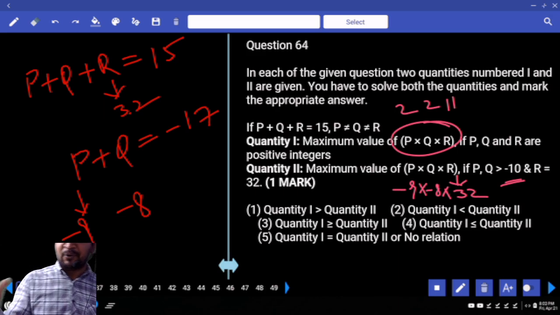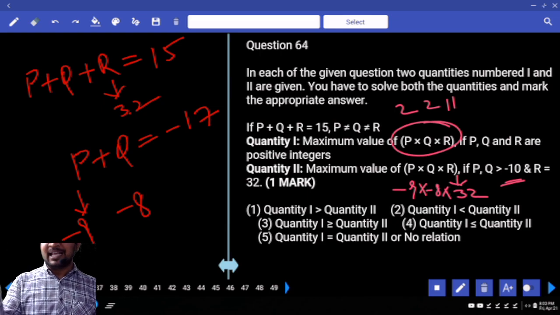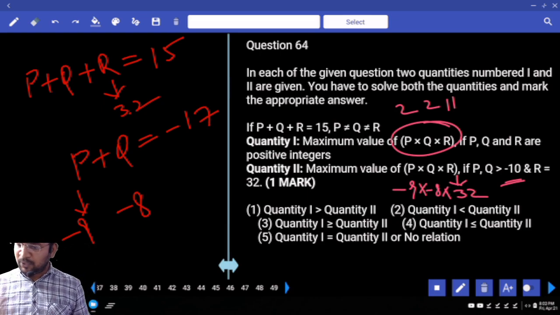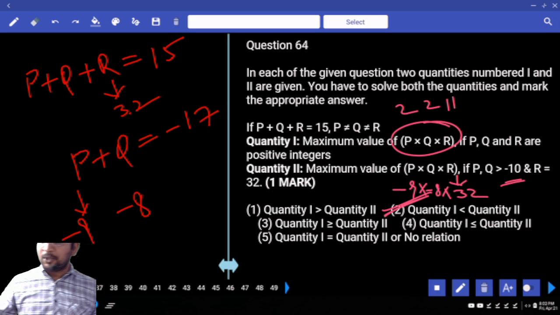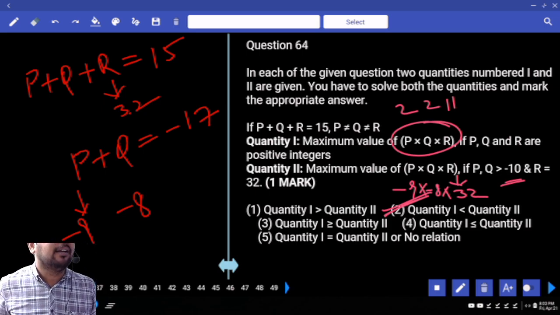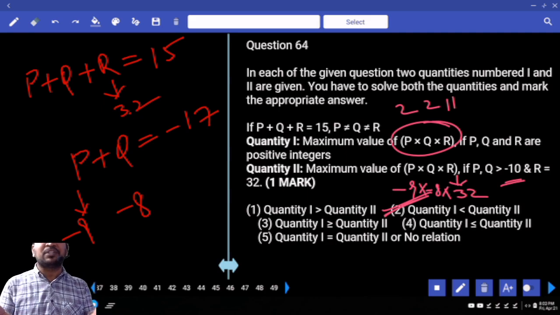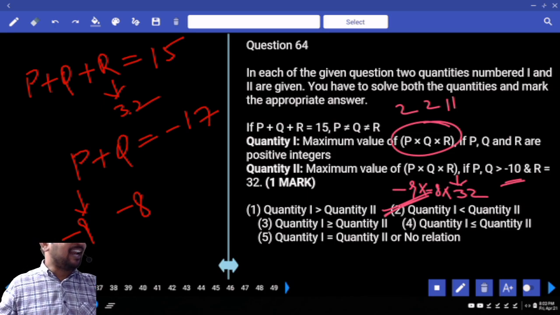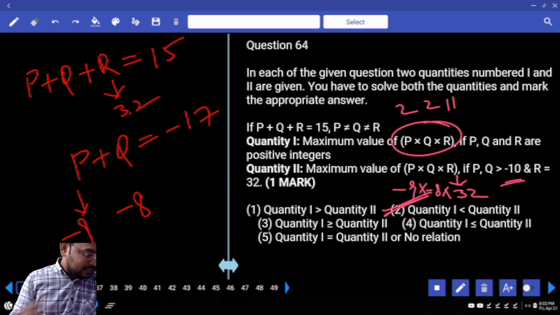Whatever values in quantity 1, that should be less than quantity 2 only. And we can say confidently, option 2 is the right answer. Quantity 1 is less than quantity 2. Yes or no? So no need to take, because P, Q sum together is 15. It's not possible to get 9 into 8 into 32. All of you clear, Nana? Next question, Nana.